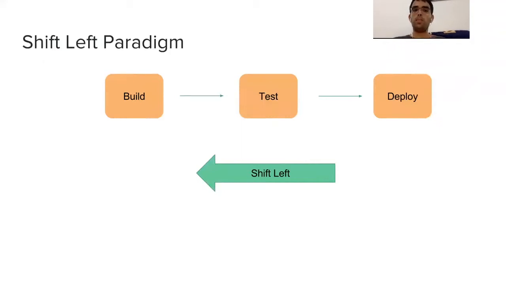Shift left for security, or DevSecOps, is pretty much the same. The idea is to run security tests as soon as possible and not to wait until the last minute before releasing to production, which is basically giving faster and better feedback, which allows the team to fail fast and fail safe. It all sounds pretty good and pretty amazing, and I guess everyone will want that.